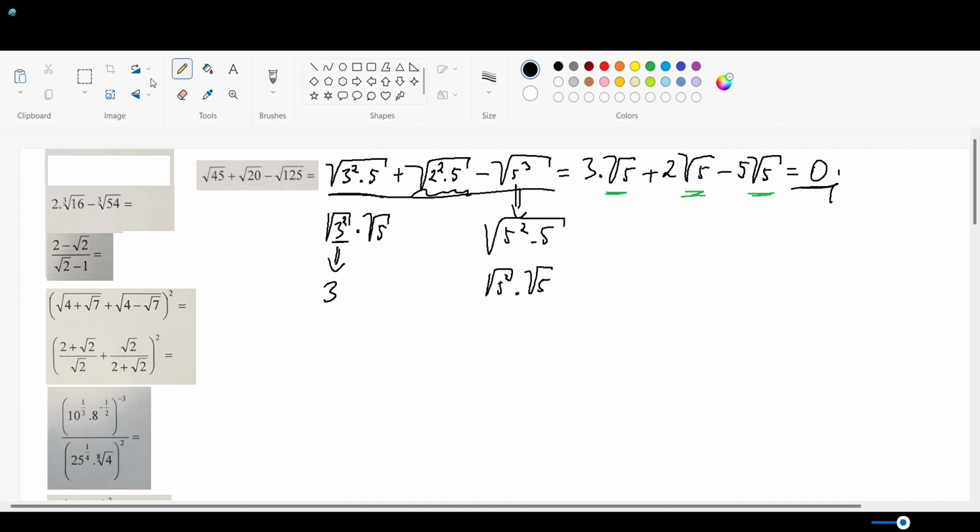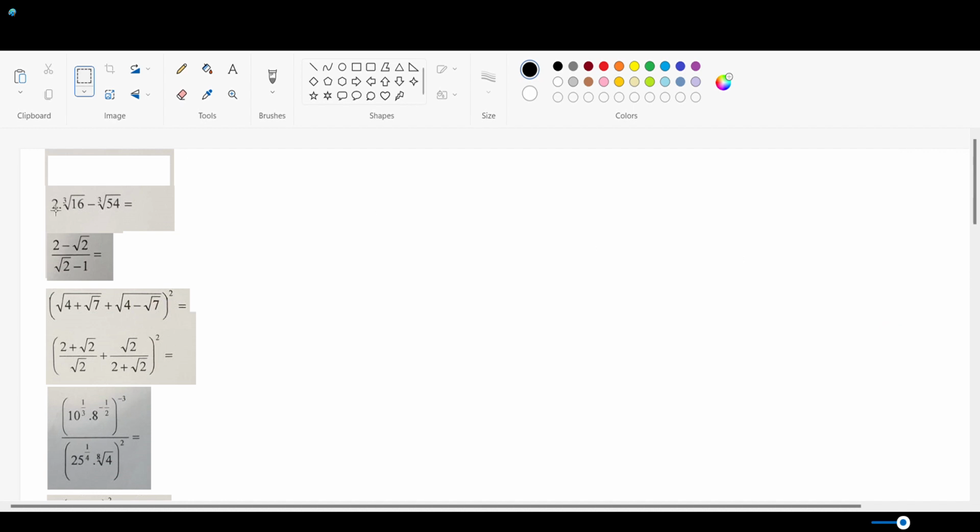Let's have a look at the second exercise. So we will not need these anymore, and we go to the second exercise, which is this one. Here basically the same procedure will apply. The only difference between the first exercise and this one is that we now talk about the third root of some radicand.